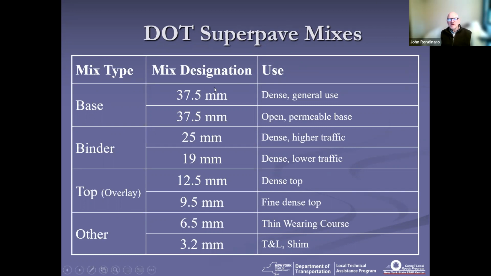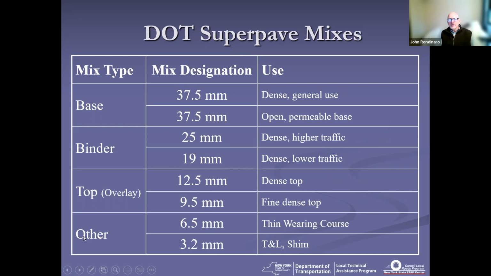So our bases are 37.5 millimeter. Our binders are either 25 or 19. One thing to remember here is that 25 millimeters equals an inch. Our tops, used for overlays, are 12.5 and 9.5. So that 12.5 is a half an inch. The 9.5 is 3/8 of an inch.